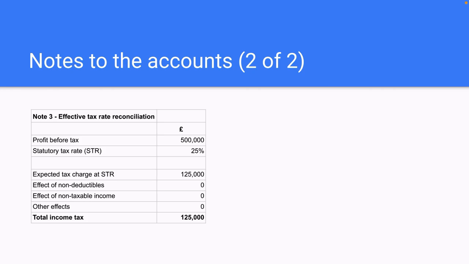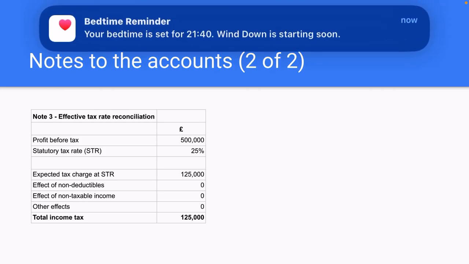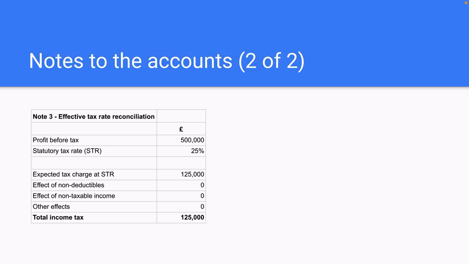But in this example, I have purposely kept it simple. I have made the income tax expense exactly equal to the tax rate times profit before tax, which is 500k times 25%, and that's why you have a tax expense of 125k. But I've also mentioned two common factors that typically contribute to the size of tax expense, which are the effect of non-deductibles and the effect of non-taxable income.